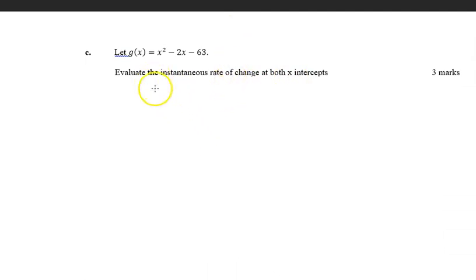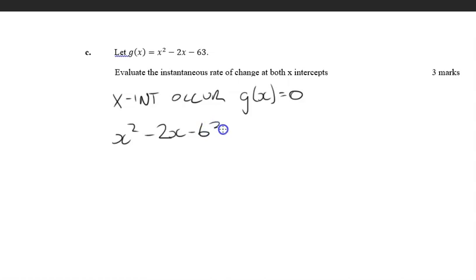The first thing is to find where the x-intercepts occur. This occurs when g of x, or y, is equal to 0. In other words, x squared minus 2x minus 63 is equal to 0, and we need to find what x values make this equal 0.